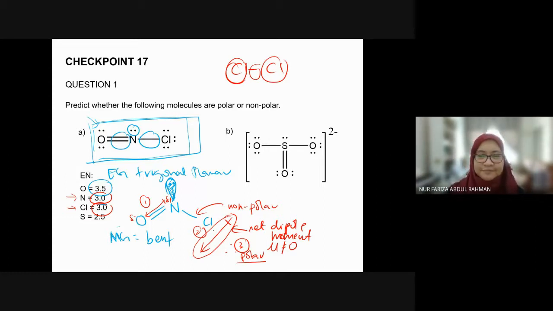Alright. So that is how you go about this one. This is tetrahedral in shape because, why? 1, 2, 3, 4, you have 4 electron groups. That means you have to draw based on a tetrahedral shape. It has only one lone pair.